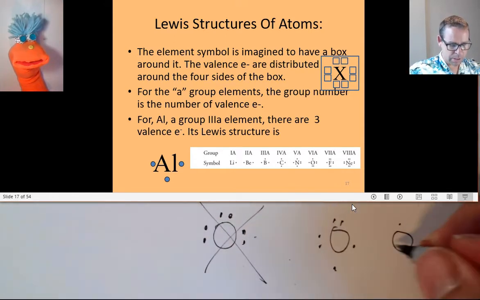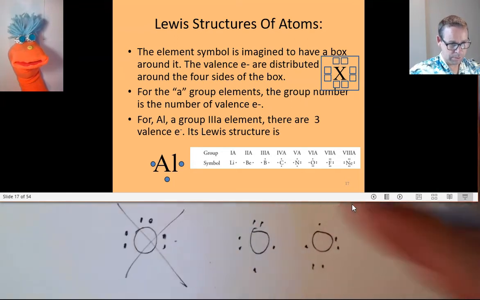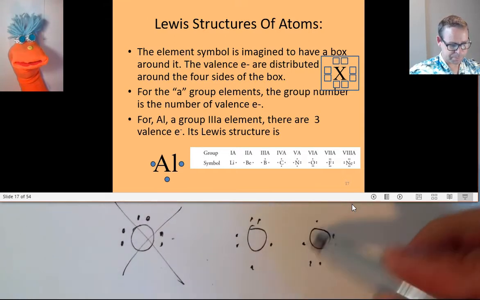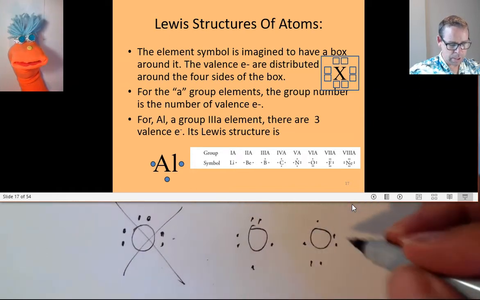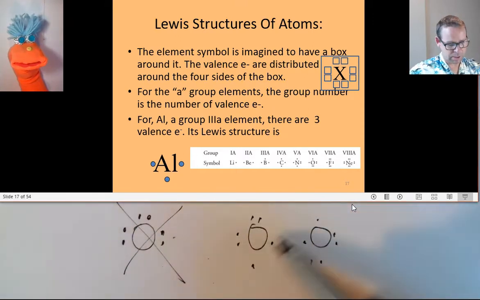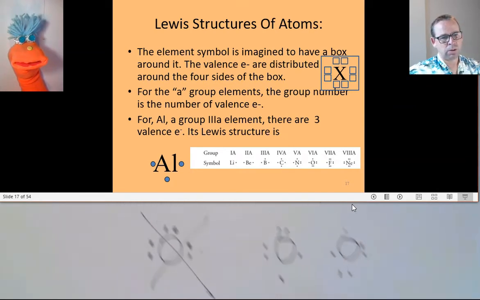Now, it doesn't matter where the two sides that don't have a full Lewis dot are, whether they're here or anywhere, because you could take this atom and rotate it in any direction and think about it as being the same thing. Okay?